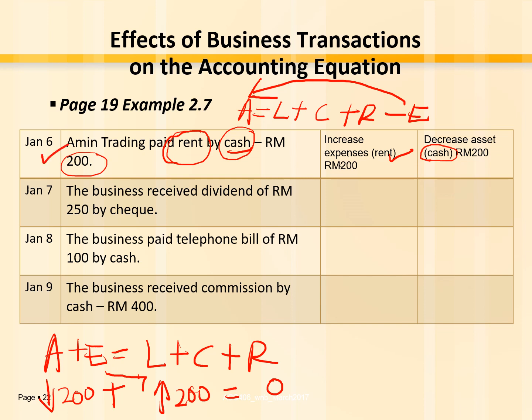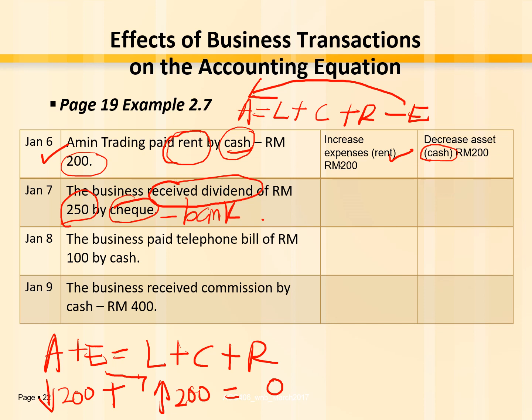Look at the January 7, the business receive dividend of 250 by check. So, bila dia cakap check, automatically kepala kita akan ingat bank. Dan this is the dividend yang dia terima. So, dia melibatkan revenue which is dividend income.